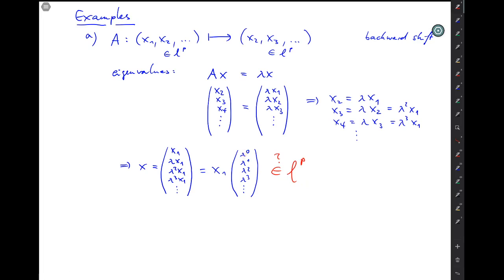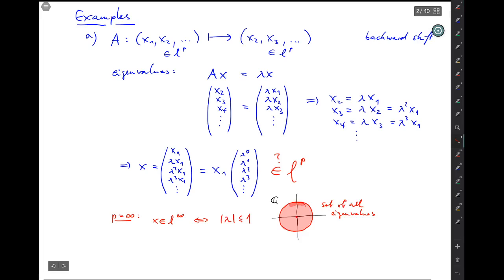For example, if p equals infinity, then you just want your vector to be a bounded vector. So you have to make sure that the powers of lambda remain bounded, and that's the case if and only if the modulus of lambda is less than or equal to 1. Geometrically speaking, that is the closed unit disk, containing the unit circle, the boundary of the disk.